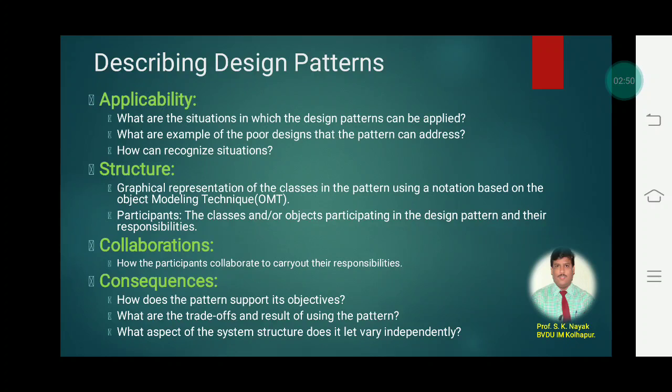In which situations can it be applied? And we can also find out the situations where the design pattern cannot be applied. Sometimes we may have a design pattern which is not capable of addressing a situation.